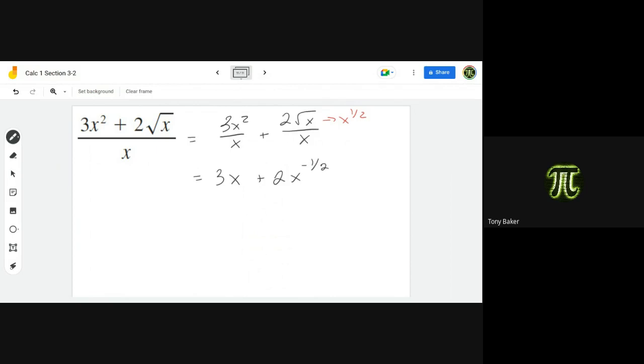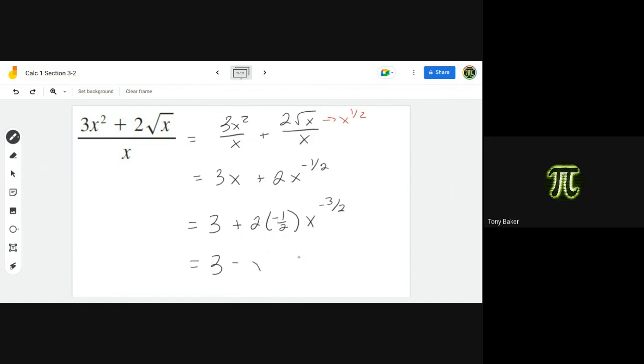Now what rule can I use? I can use the power rule. I don't have to use the quotient rule for this one. So my derivative would be 3 plus 2 times negative 1/2 x to the negative 3/2. Yes. There's a 3x plus the 2x to the negative.